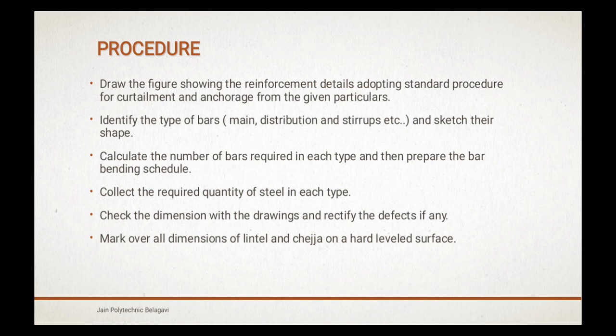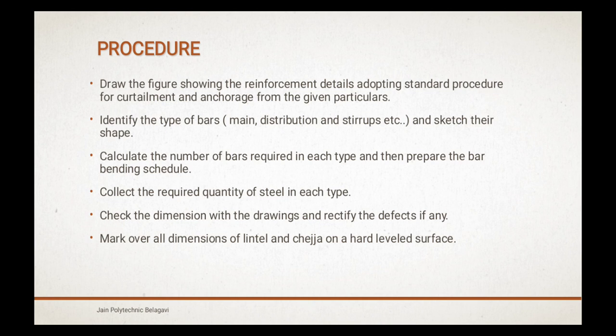Identify the types of bars, main, distribution, etc., and sketch their shapes. Calculate the number of bars required in each type and then prepare the bar bending schedule. Collect the required quantity of steel in each type. Check the dimensions with the drawing and rectify the defects if any.